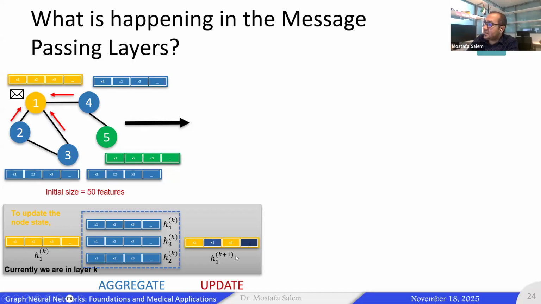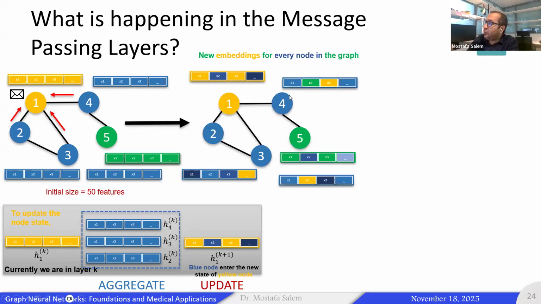And this is the updated embedding for the yellow node. This is the new embedding now for the yellow node, and this will happen for all the nodes in the graph at the same time. So number 4 will do the same, number 2 will do the same, number 3 will do the same, and number 5 will do the same.